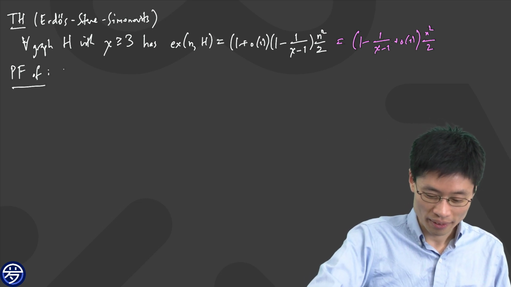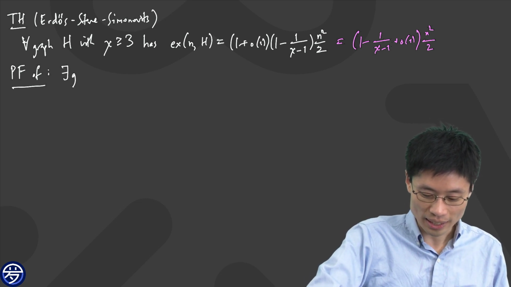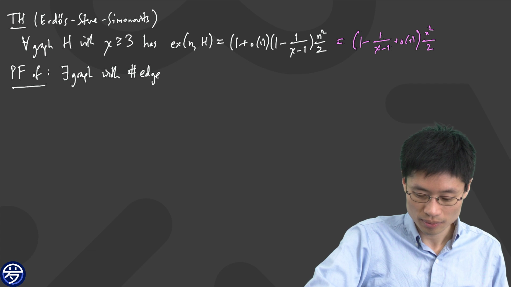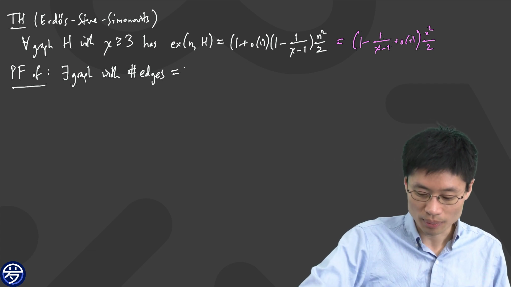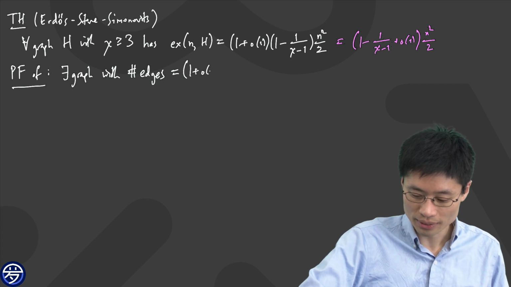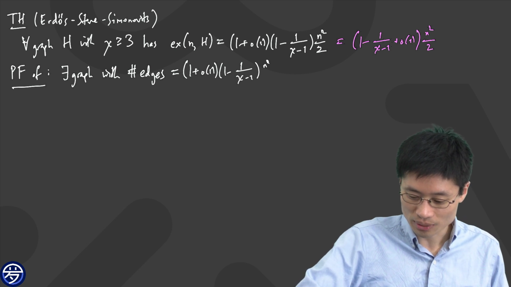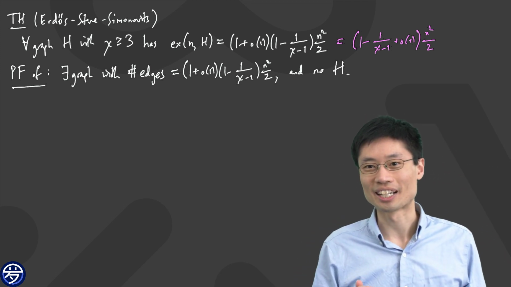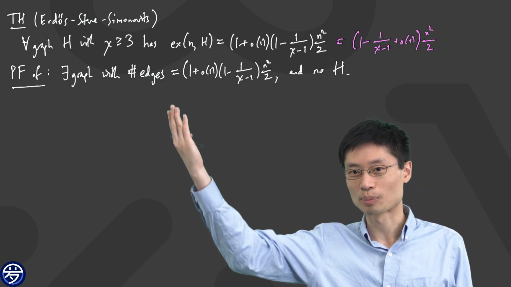Proof of, there exists a graph with number of edges being the bound that we want, 1 plus little o of 1, this desired bound, 1 minus 1 over chi minus 1 times n squared over 2, and it has no h. Okay, so that's the first thing I want to write down. There exists a graph with this property.